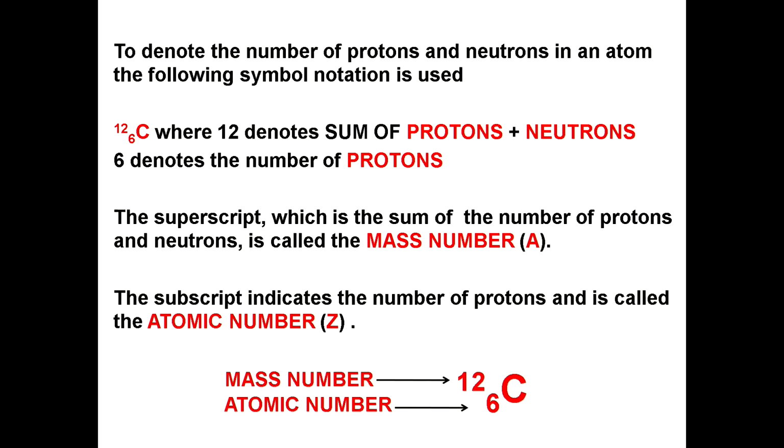We don't need to calculate it, and we will introduce it later. So here you should remember these 2 numbers. This is the mass number and this is the atomic number. The atomic number means which atom it is. The mass number means the mass of the atom.